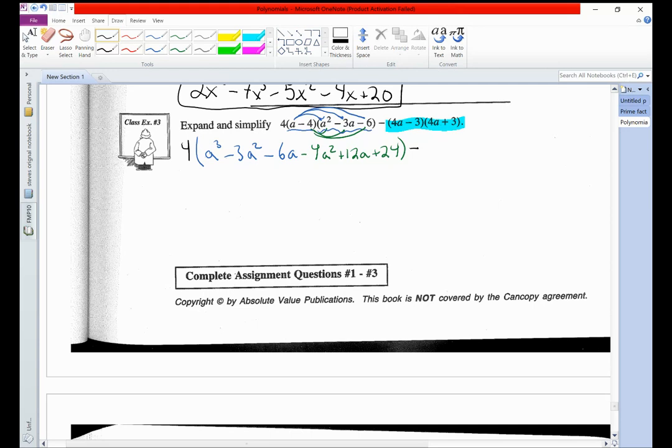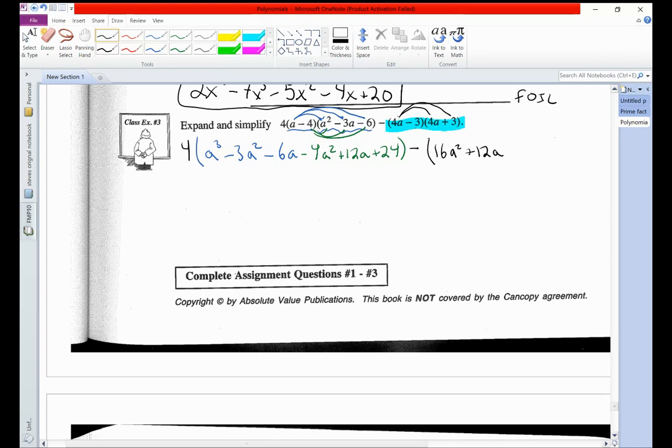So I have 4a. FOIL, if you remember, is first, outside, inside, last. So the first term's 4a multiplied by 4a, and that is 16a squared. And then outside is 4a multiplied by positive 3, and that's plus 12a.